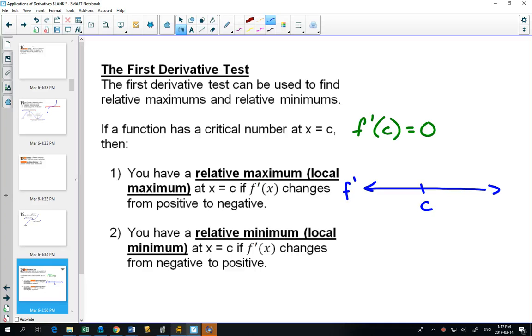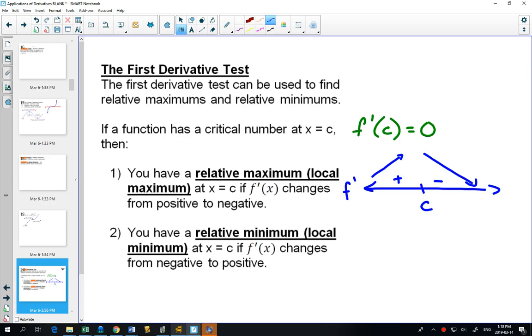For a relative maximum, your derivatives would be positive, which means your function is increasing, and then they're negative, which means it's decreasing. It's really easy to see from those arrows that that would have to be a maximum. So if it changes from positive to negative, that means your original function was increasing then decreasing. It has to be a maximum.